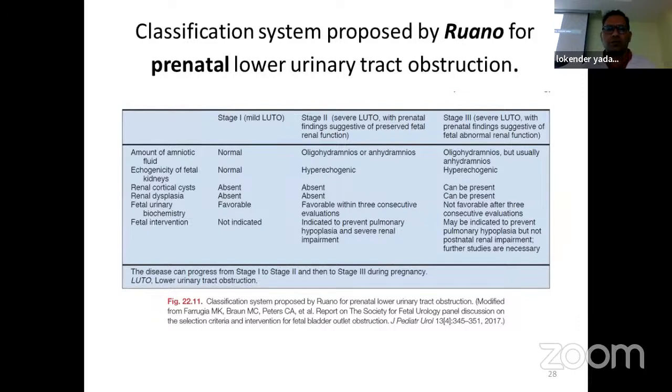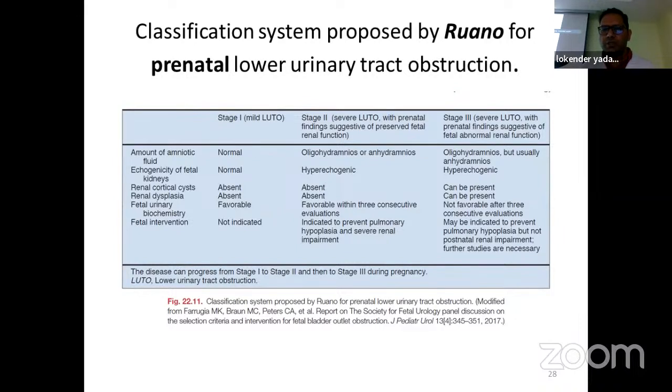In stage 1, the amount of amniotic fluid, echogenicity of the renal parenchyma, and the fetal biochemistry are normal, and fetal intervention is not required. In stage 2, there may be oligohydramnios and the kidneys may be hyperechogenic, and there is favorable fetal urinary biochemistry, and fetal intervention is indicated to prevent pulmonary hypoplasia and severe renal impairment.